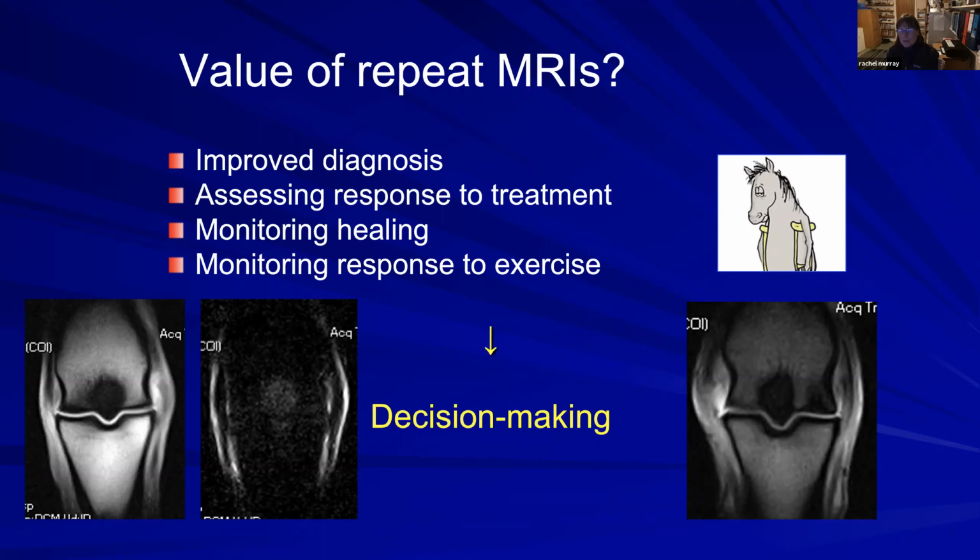For the leisure horse or the much loved horse, still reasonably high. I think it just depends on them understanding whether it's going to be a benefit or not. And if they understand it might be a benefit and it will help them with decision making, I think a lot of people will go with that.